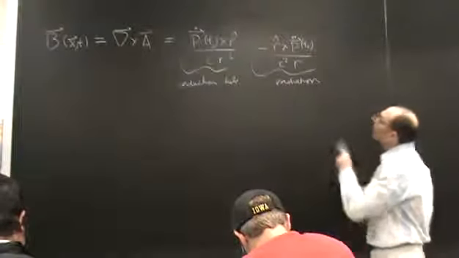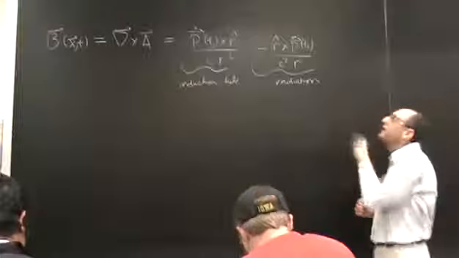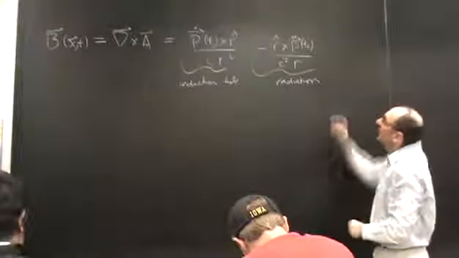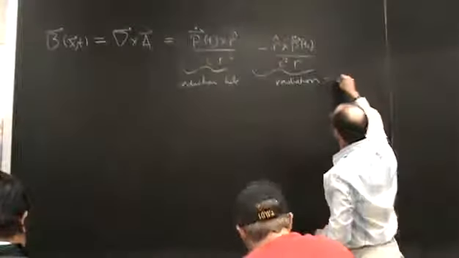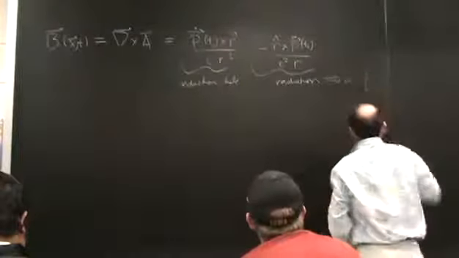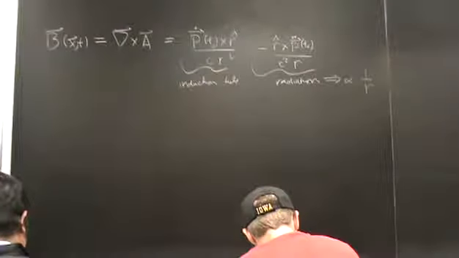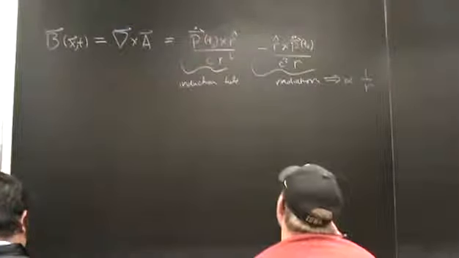What characterizes the radiation, electromagnetic radiation, from a localized distribution is that it falls off like 1 over r and no faster.